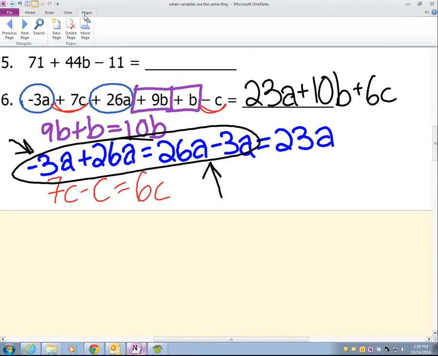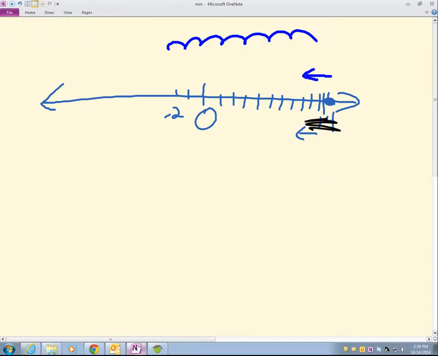Because if you have, on a number line, 26, and then we have a negative 3, isn't what's happening, you're at 26, you're going 3 that way when you subtract 3, right? Because 26 minus 3, you're going 1, 2, 3. Yes?